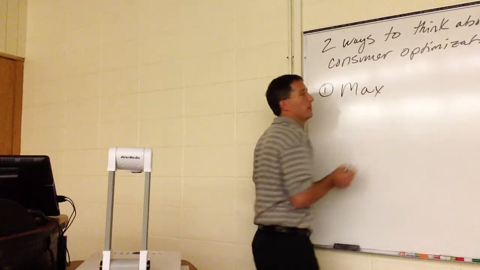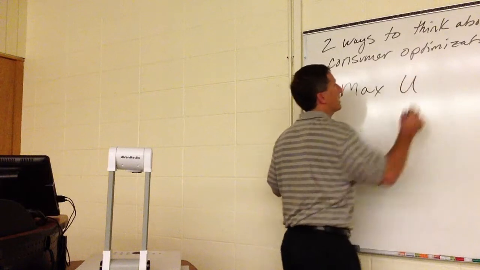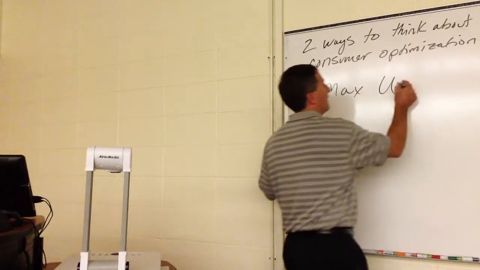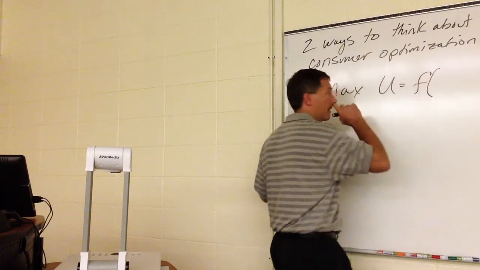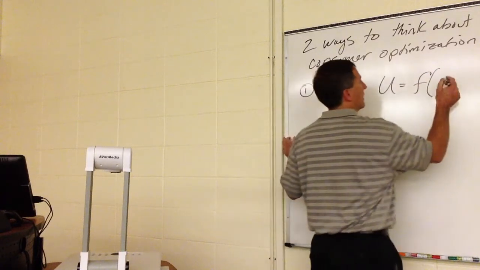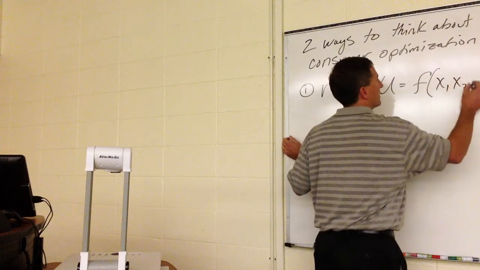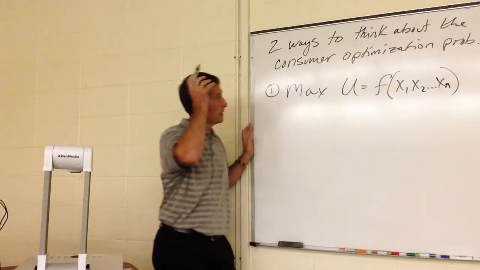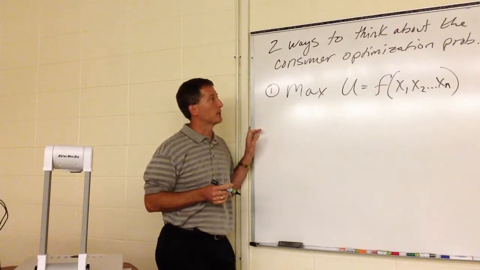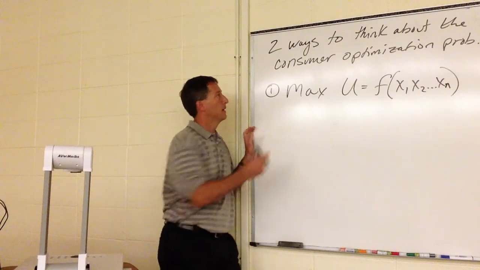We want to maximize utility that is some function of the quantities of goods. So we have good 1, good 2, good n. All of the n goods that we consume, those are the quantities of goods.